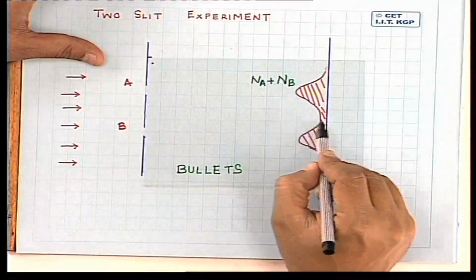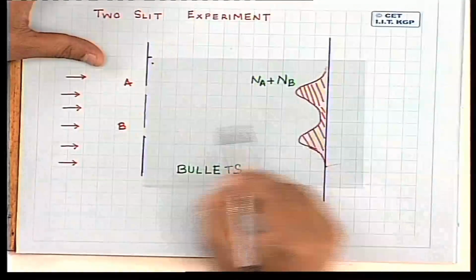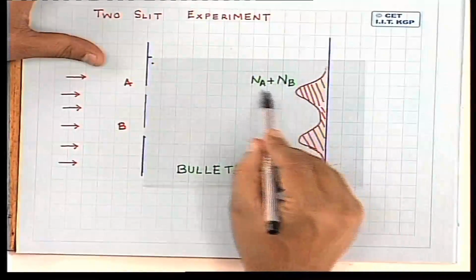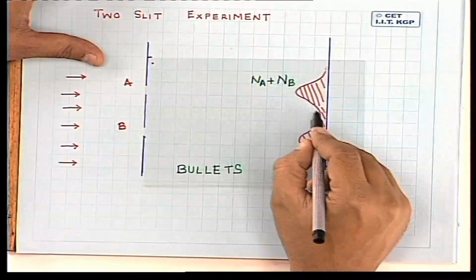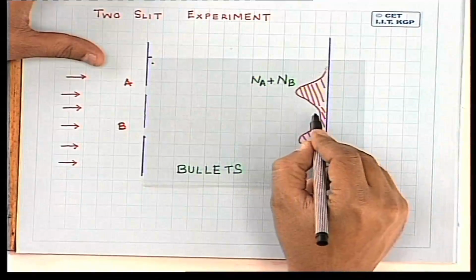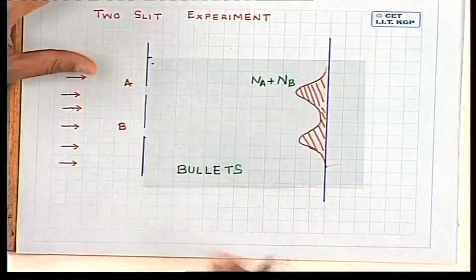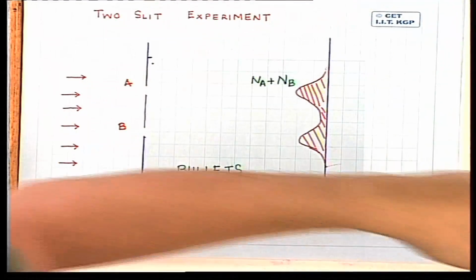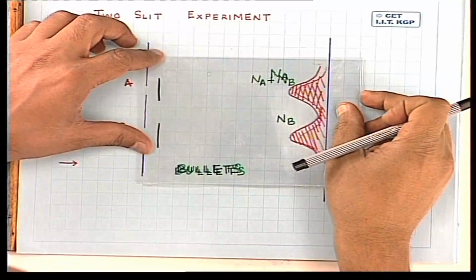In the intermediate region, there is a finite chance that a bullet may arrive either from A or from B. So the two numbers or the probabilities of the bullet coming through A and B add up, and the number of bullets we get in this region is greater than the number of bullets which you would see if only A were open or only B were open, which you can see by just superposing all of this.